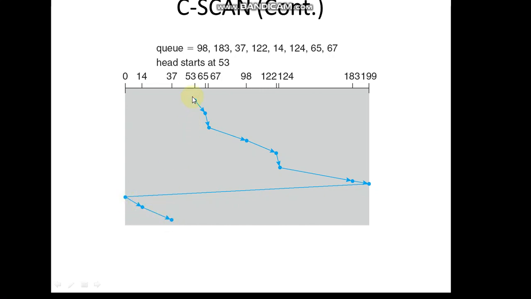So if it has started moving towards the right hand side, in the beginning it will service only the requests towards the right hand side. If it starts moving towards the left, it will service requests only towards the left. In the return trip, it is not servicing any requests. That is the major difference between circular and regular SCAN algorithms.